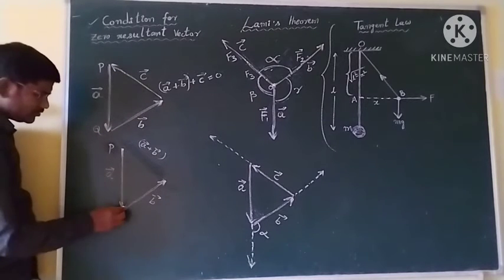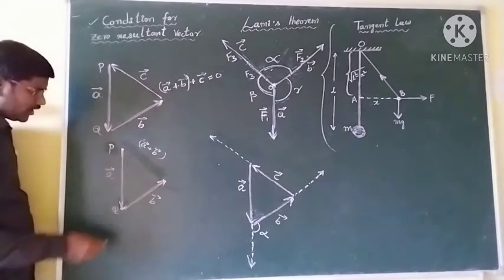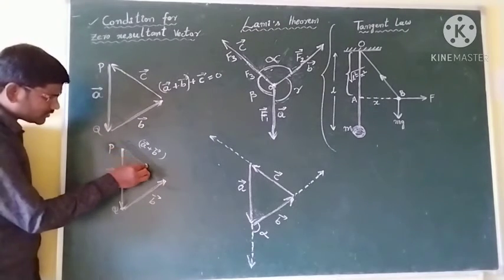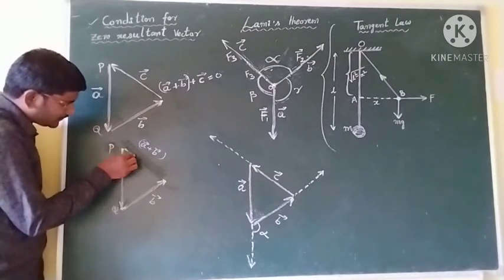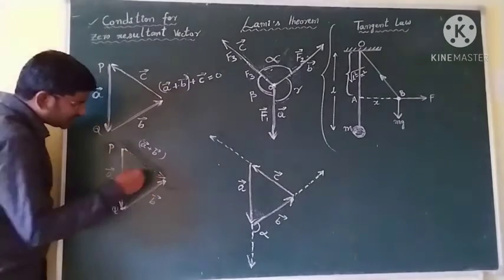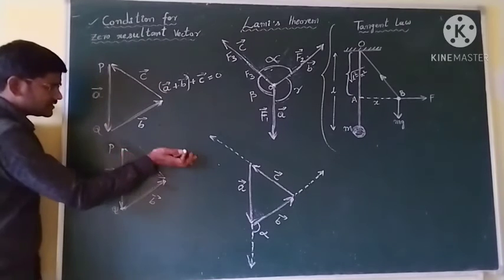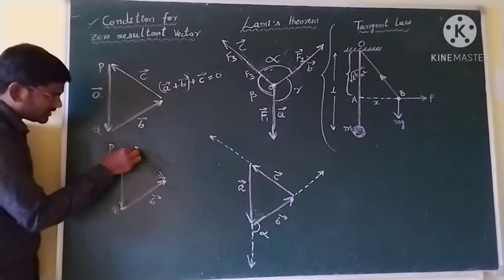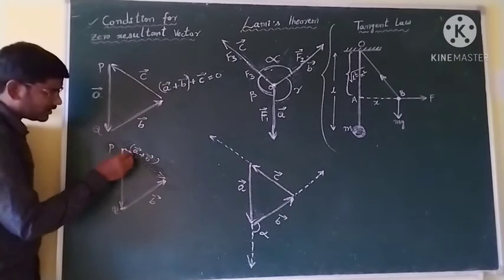Now the line joining the initial point of the first vector to the final point of the second vector is called the addition of the two vectors. That is called a bar plus b bar.